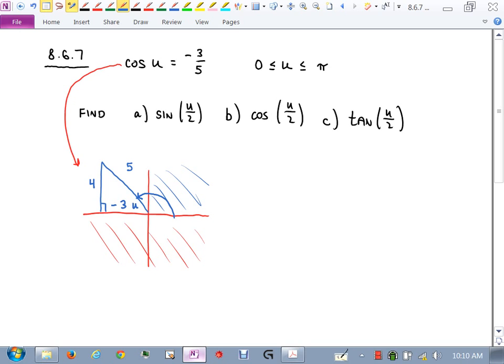So let's try part A. What is sine of U over 2? According to the formula, it's plus or minus the square root of 1 minus cosine of U. Well, what's cosine of U?